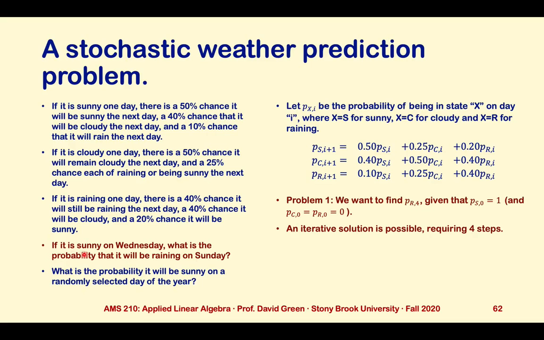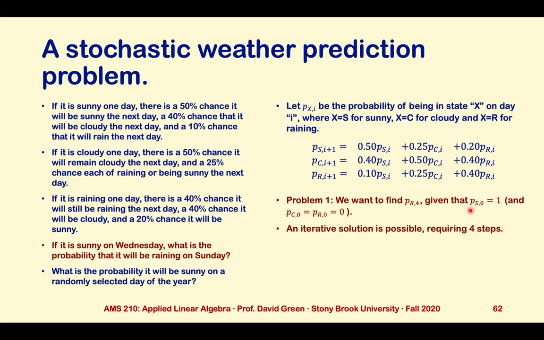And we want to know the probability that it's raining on Sunday. Well, if Wednesday is 0, then Thursday is 1, Friday is 2, Saturday is 3, and Sunday is 4. So what we want to know is what is PR4, the probability that it is raining 4 days later, if we know that on day 0, the probability of being sunny was 100%.